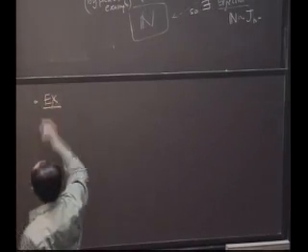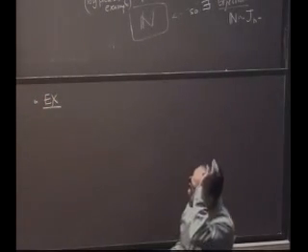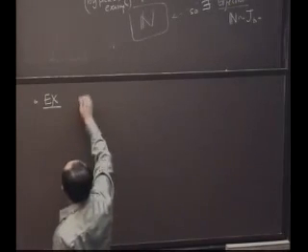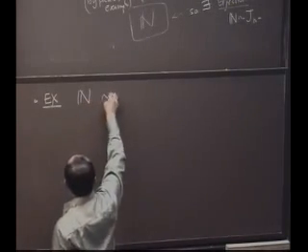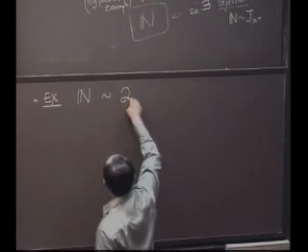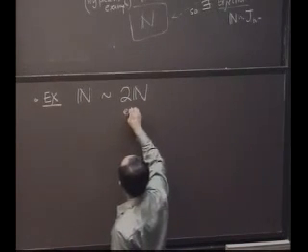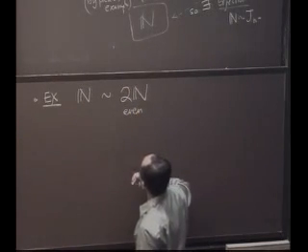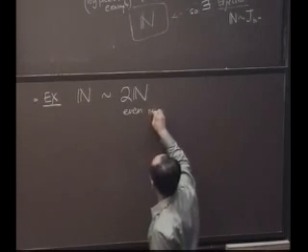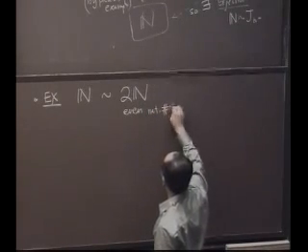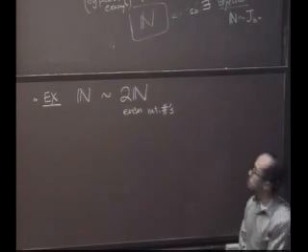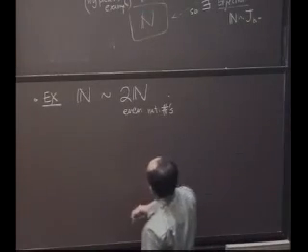Perhaps even more dramatically, I claim I could put n into one-to-one correspondence with the subset of even natural numbers. So how would you do that?